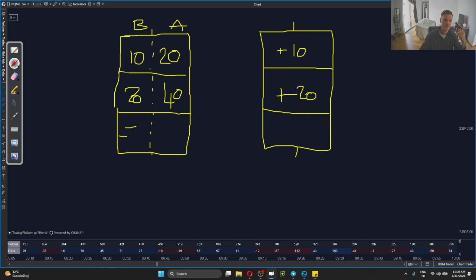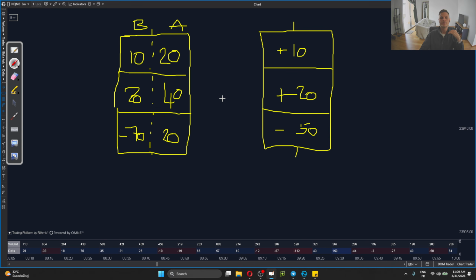Let's say we had minus 70 sellers here at the bottom and maybe plus 20 buyers. That would give us a negative delta in this particular cluster of minus 50, right? Again, easy math, 20 minus 70, that's minus 50 negative delta, okay?